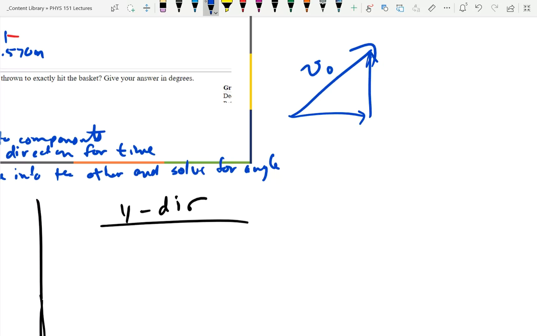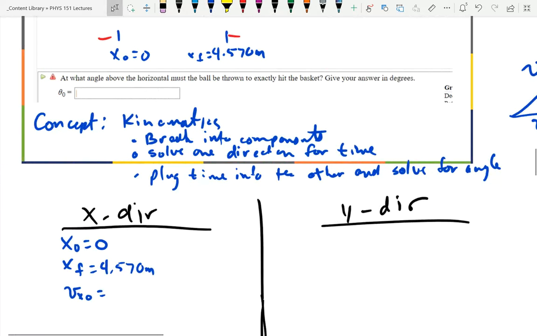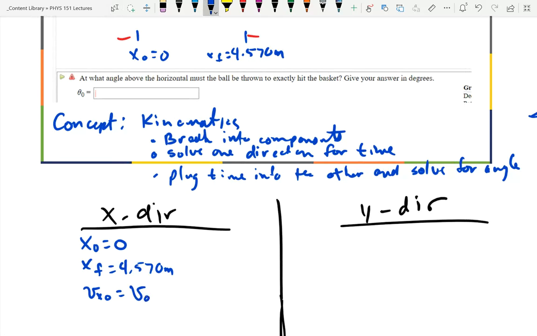There's my x component, there's my y component, there's theta. Once again, the adjacent side is vx initial, but we don't know theta. And vy initial is going to be v initial sine theta. So all I can put here really is v initial cosine theta. I could put in the number for v initial, but I still have the unknown of theta there, so I'm just leaving it like that for now.